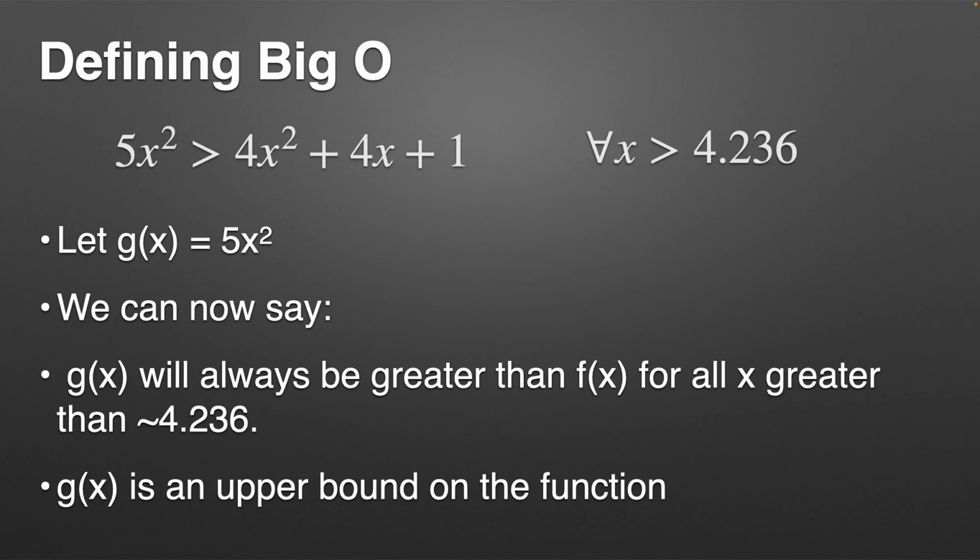So we can set g of x to this, and it will always be greater once we pass this specific x. So now it's an upper bound on our function.